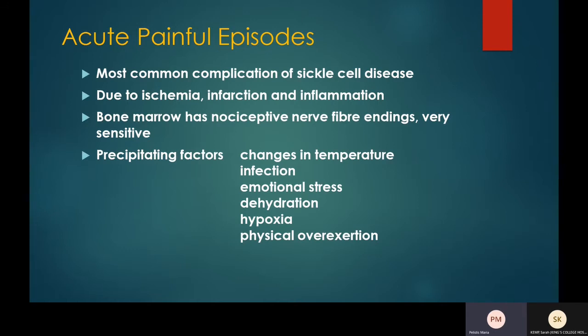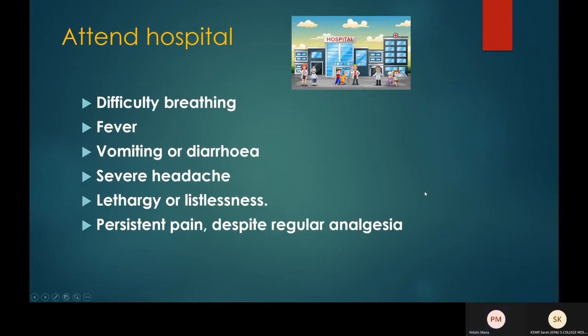Now, painful episodes can occur spontaneously, but can be precipitated by changes in temperature, such as when it becomes very hot in the summer or very cold in the winter. They can occur with infections, emotional stress, dehydration, hypoxia, and physical overexertion.